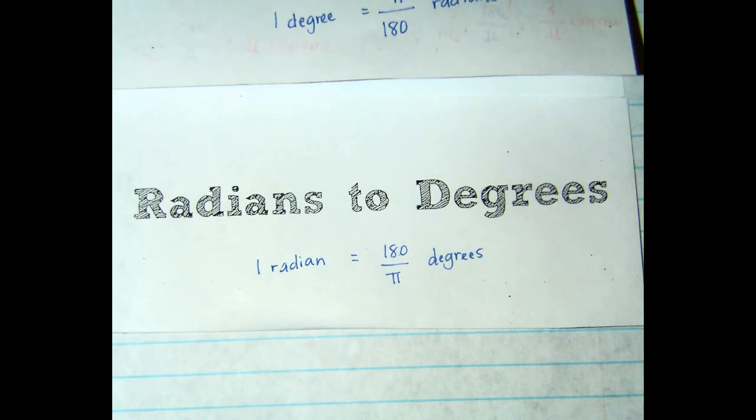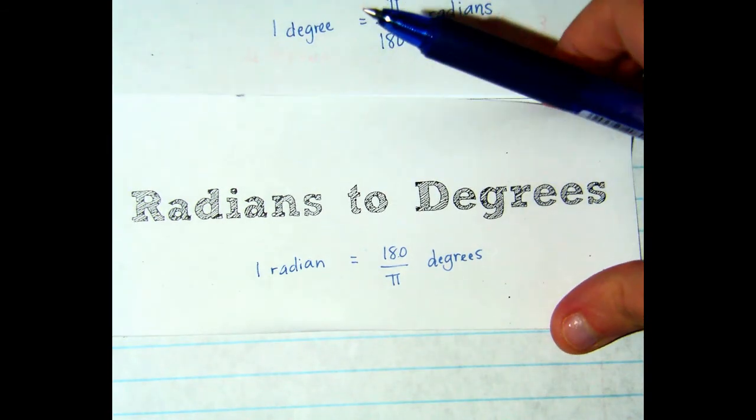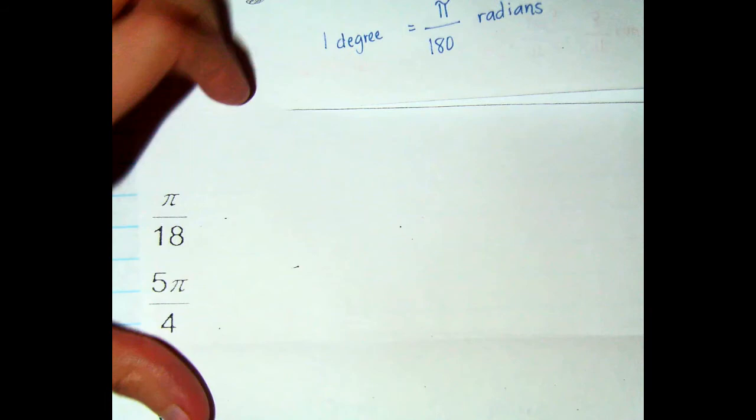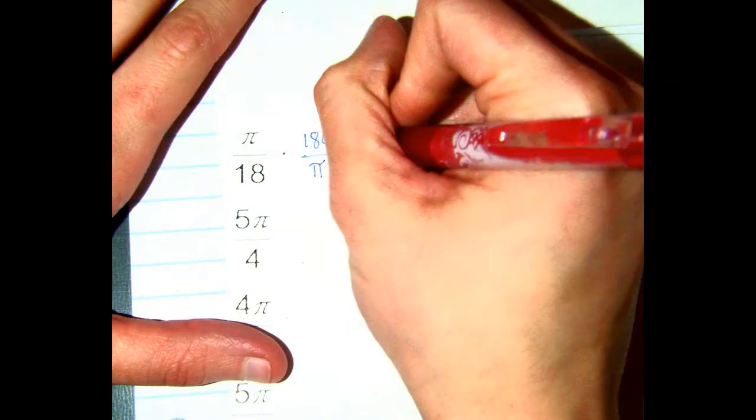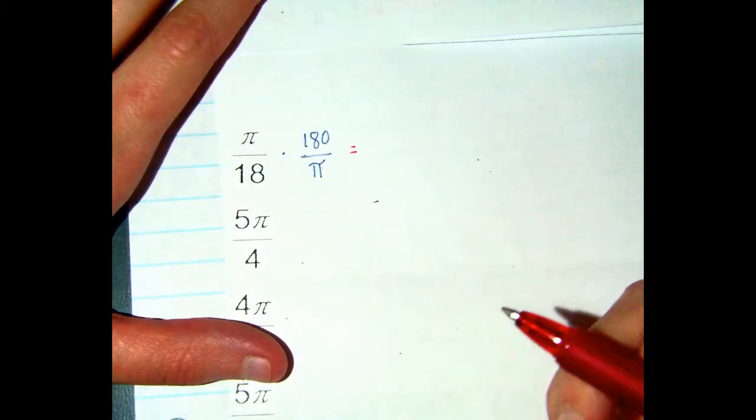Alright, let's open that and do an example with that. So, with the first one, we are going to multiply by 180 over pi. What happens with pi and pi? They divide to give you 1.